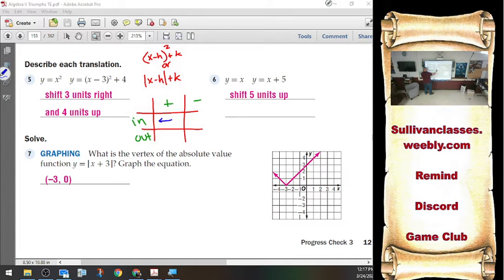Opposite of plus is go left. Opposite of minus is go right. If it's outside the parentheses or brackets, then it's normal land. Plus is up, minus is down.